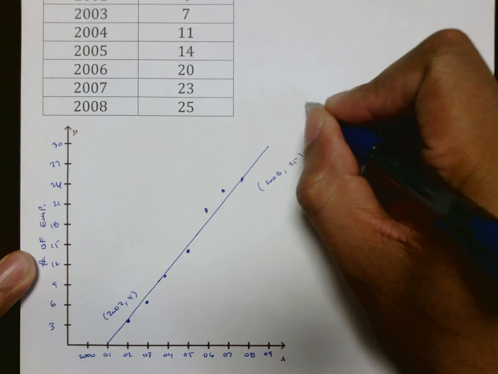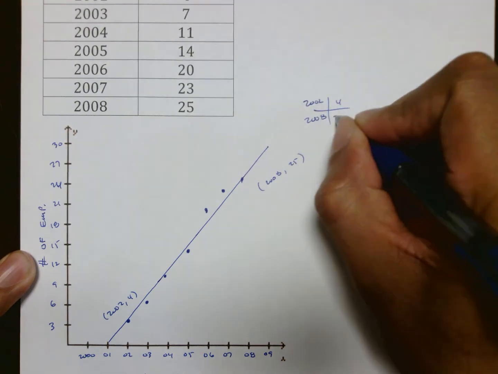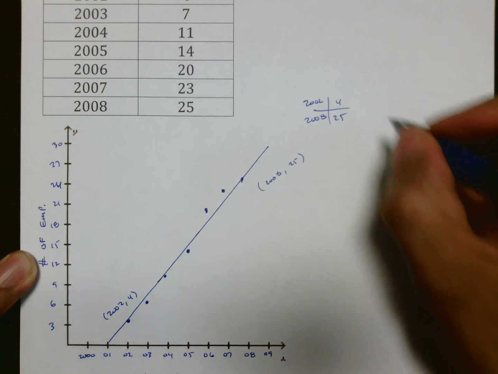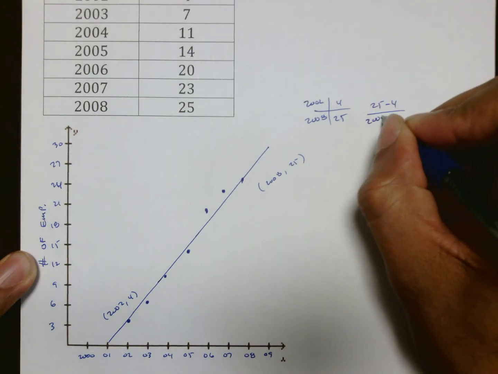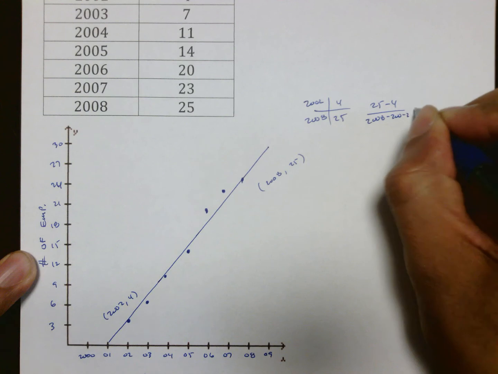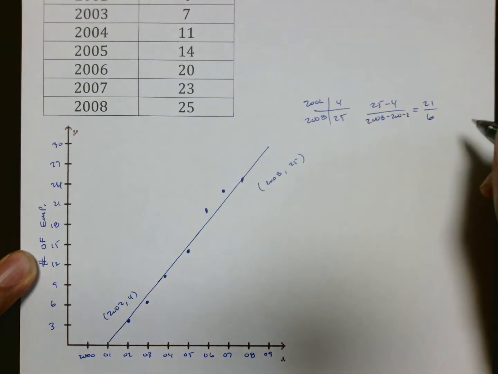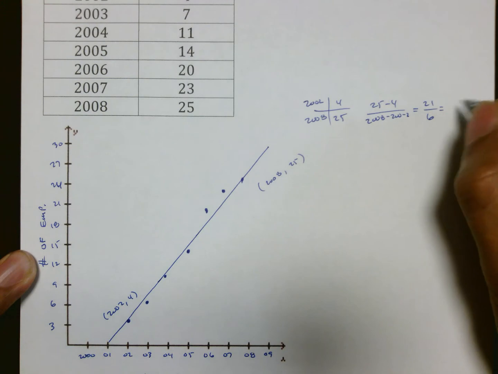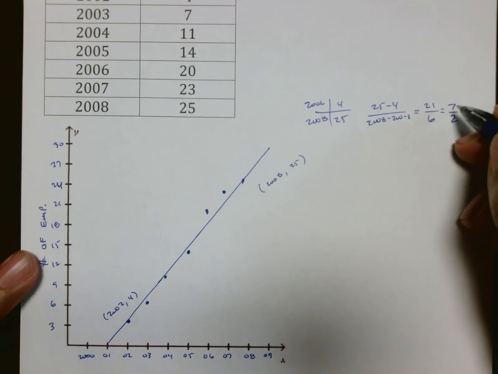So we can make this 2002 comma 4, 2008 comma 25. 25 minus 4 over 2008 minus 2002, which is 21 over 6. And 21 over 6 reduces down to be, I think, 7 halves. And so that is my slope.